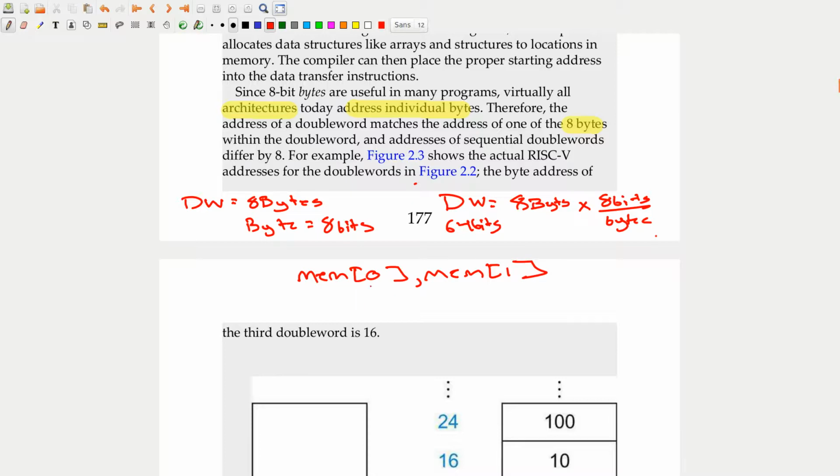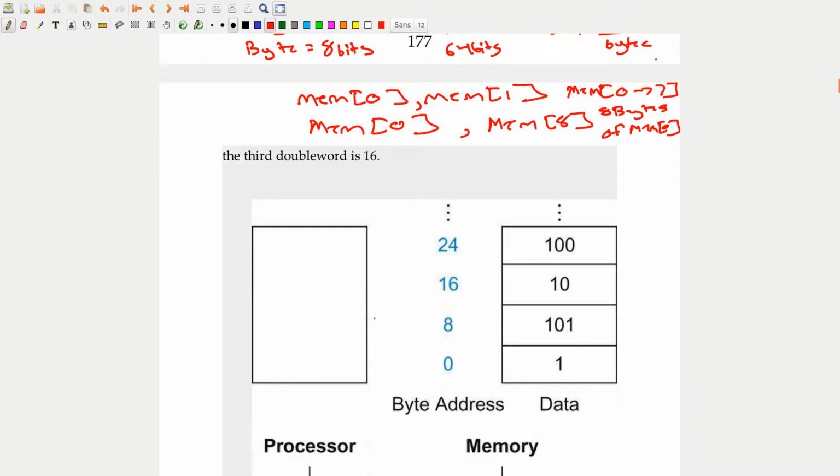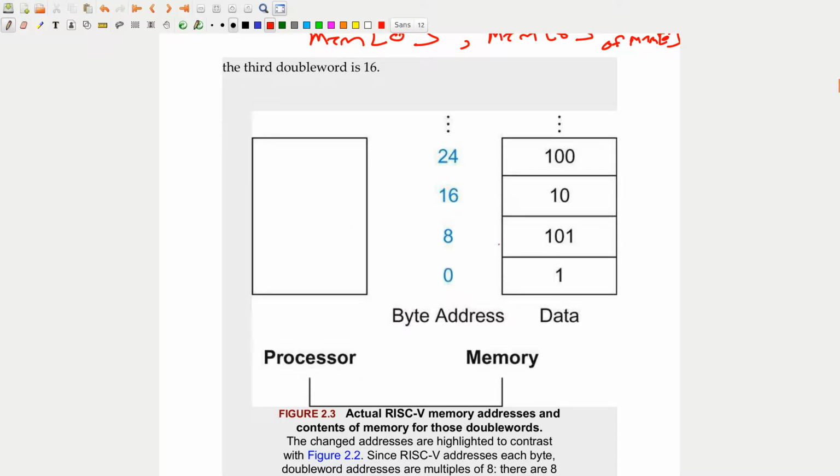Because it's 8 bytes away from each other, it's going to be mem 0, mem 8. Because mem 0 through 7 are the 8 bytes of mem 0. We can just prove that to ourselves. So that's what this is saying right here. The same thing.